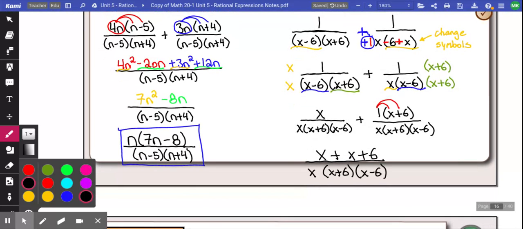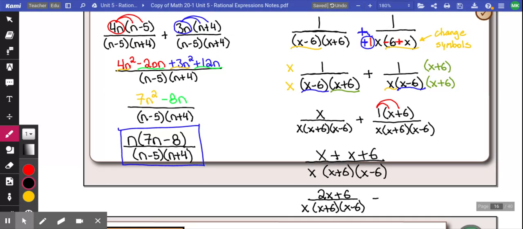If I collect those like terms, that will be 2x plus 6 divided by x plus 6, x minus 6. And you're not done a question until you have one fraction, which we have. You can't factor. Oh, I actually can factor this, right? The 2 can come out to become x plus 3.